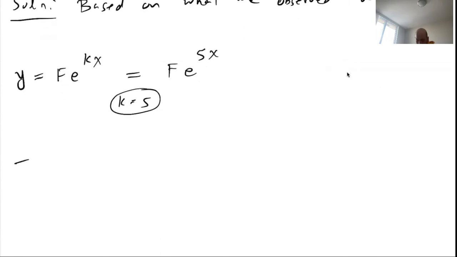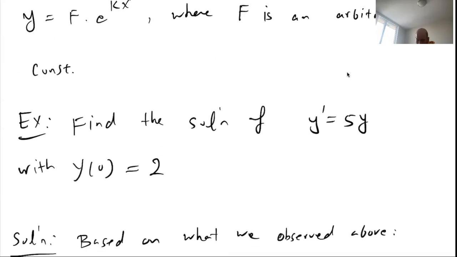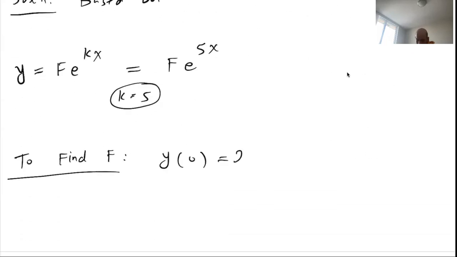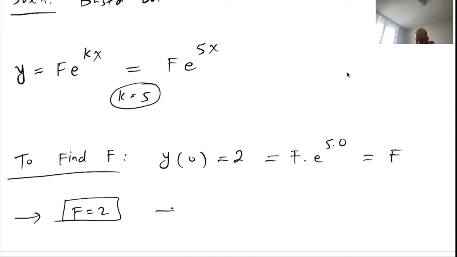To find f, y of 0, we know it's 2. And y of 0 will be f e to power 5 times 0, which is f times 1, and that's f. So that means f is 2. So the final answer will be y of x equals 2 e to power 5x.